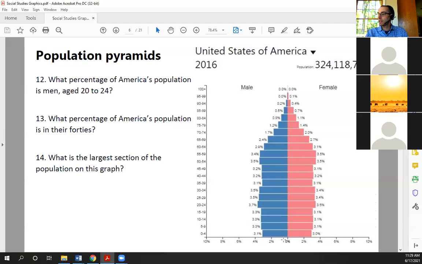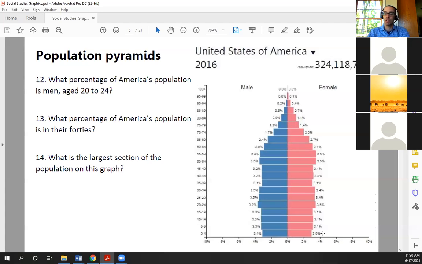And in the middle, look at the bottom here. Zero is in the middle, and then it goes out to both sides: 2%, 2%, 4%, 4%. Okay. So somebody tell me what we are seeing here. What does this graph tell us?